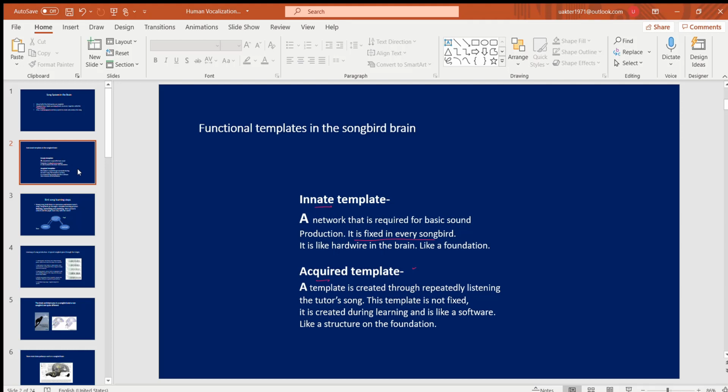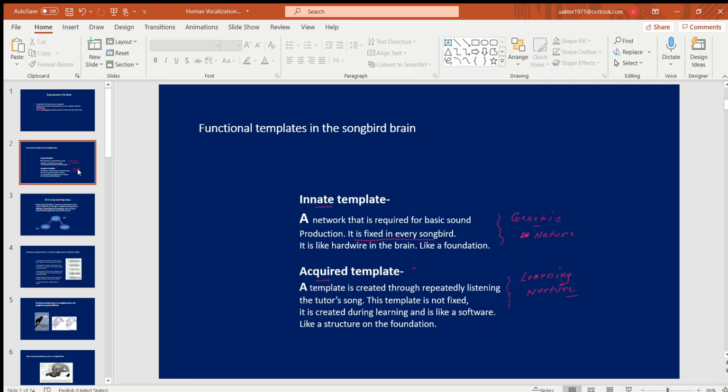Okay, so innate forms a foundation on which learning develops the acquired template. So innate is genetic or by nature, and this is by training or learning or nurturing.